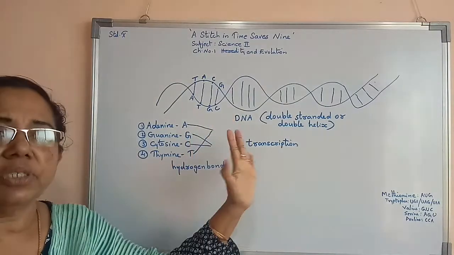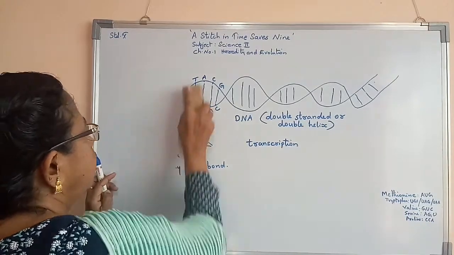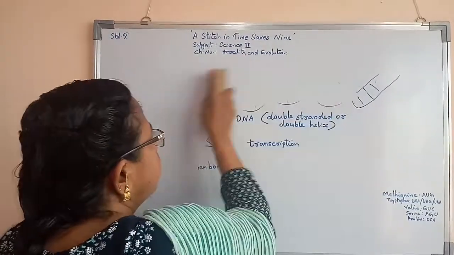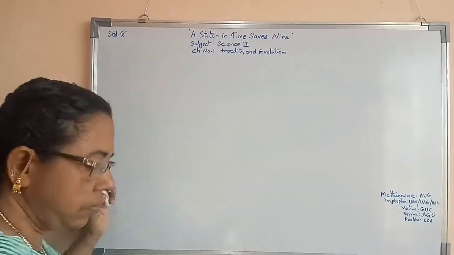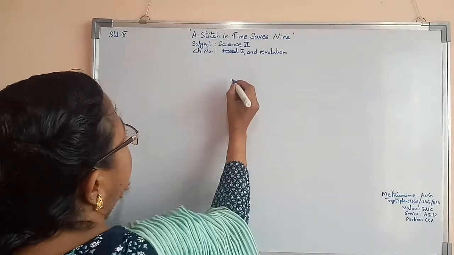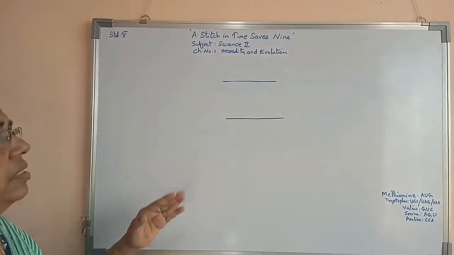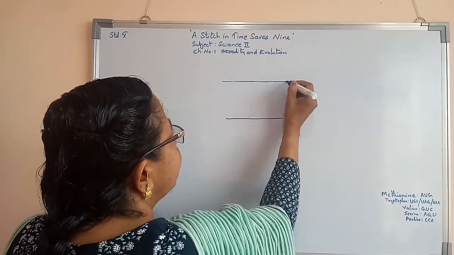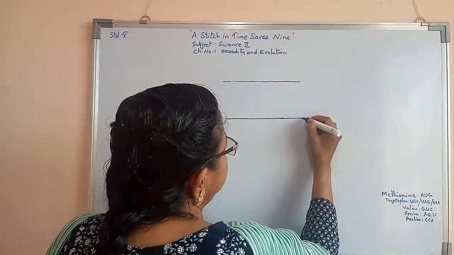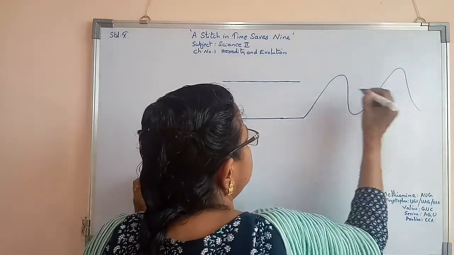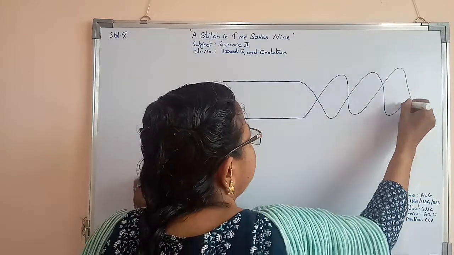Now I am showing you that figure. Here where messenger RNA is formed, I opened that place and kept it. The remaining place you can see is in a twisted condition.